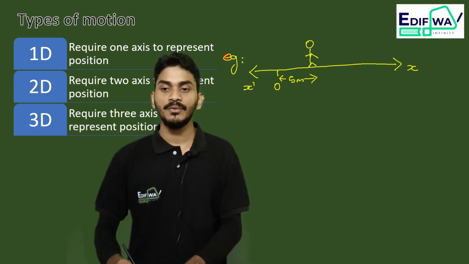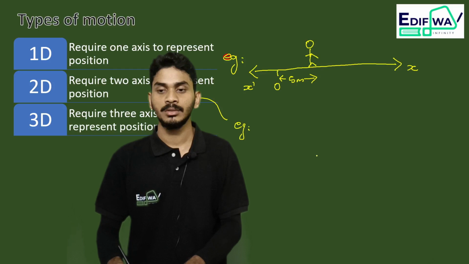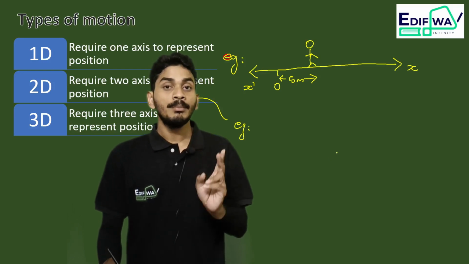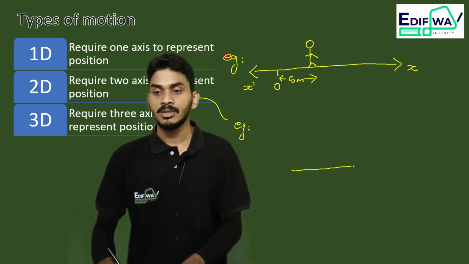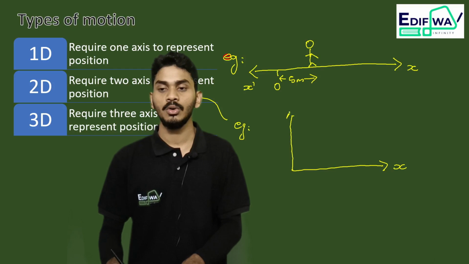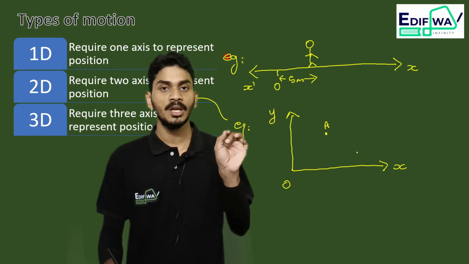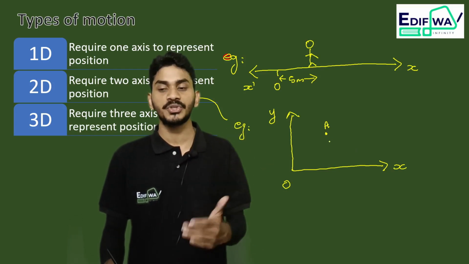Okay, and I will give you an example for 2 dimensional motion. There you need a minimum of 2 coordinates, right? So let's consider x-axis and also y-axis. Okay, this will be your origin. Suppose the boy is at a point, say A. Then how to tell his position?